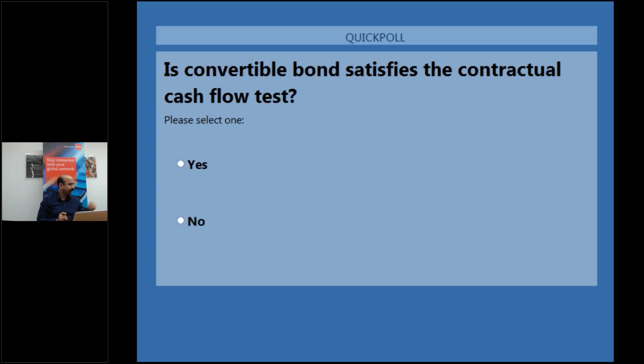Seconds left now. So far, 30% people have voted out of around 478 attendees. Please wake up so that I could get a good idea.